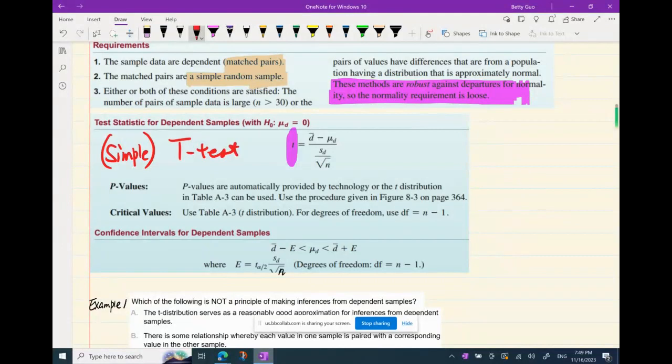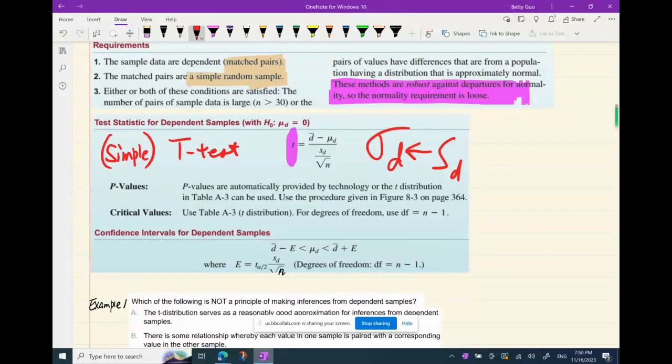The reason is because when we do not know mu sub d, we would not know the value of sigma sub d. So we would have to use S sub d to replace sigma sub d. So the statistic will be t distributed instead of standard normally distributed.